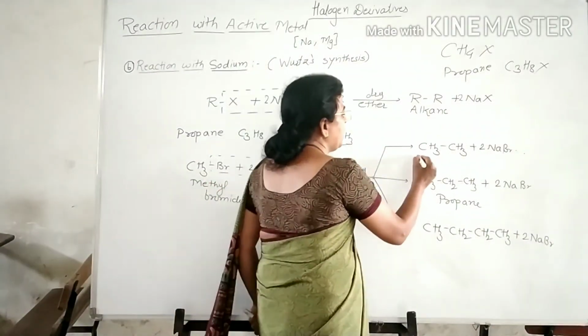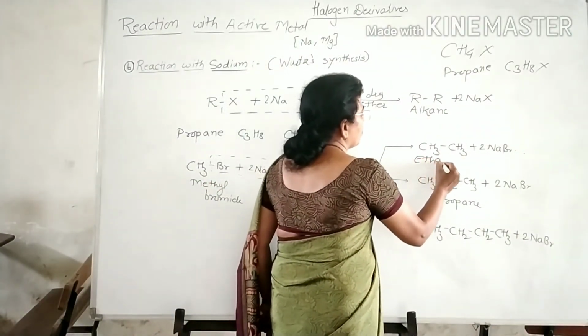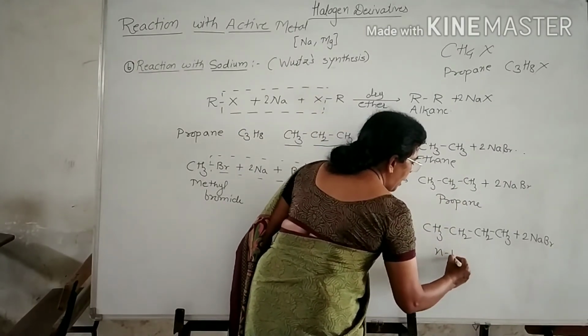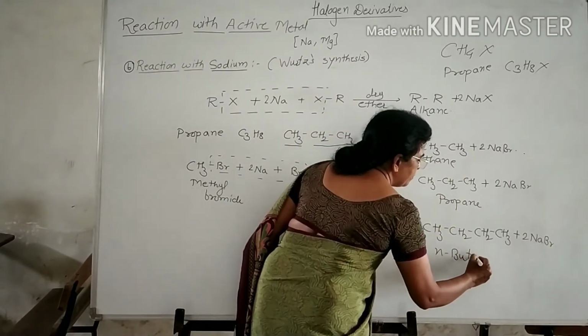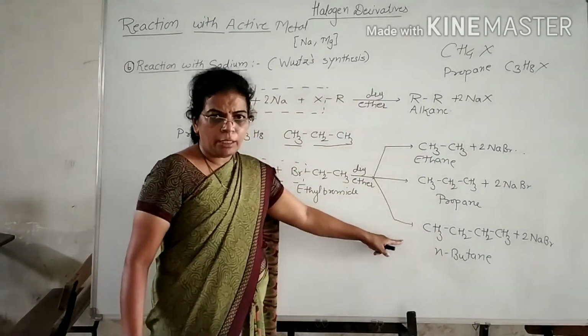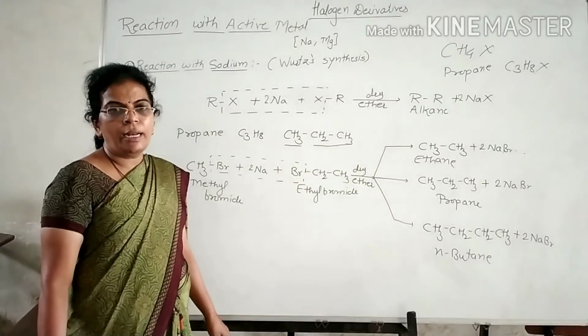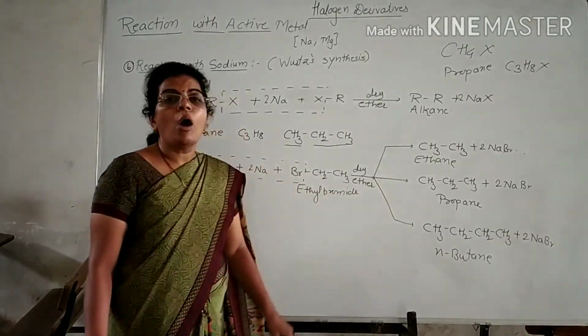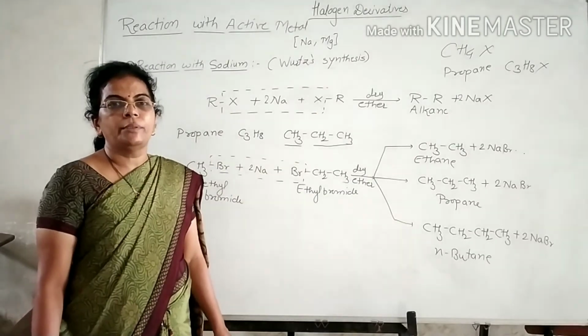That is ethane, then second is propane and third is n-butane. Separation of these alkanes from each other is very difficult in the laboratory, and therefore we cannot prepare alkanes having an odd number of carbon atoms.